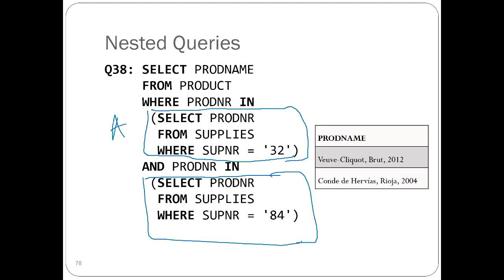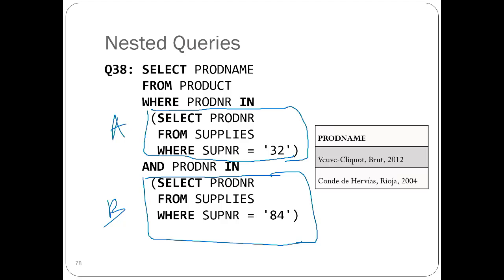Don't you see that? Select product number from supplies where supplier number is 32, and where supplier number is 84. So these two queries can run in parallel. The only difference is that the supplier number is different. So you'll have one list here and one list here.